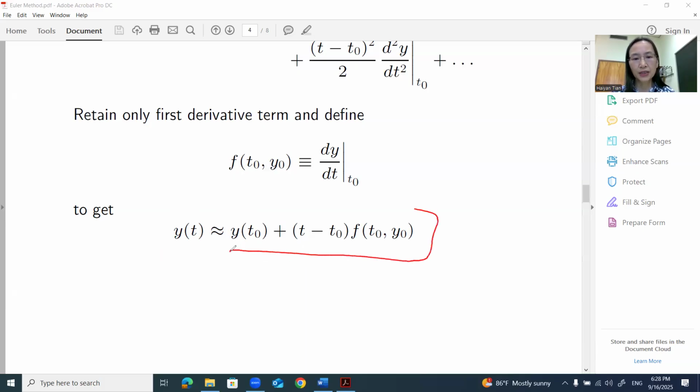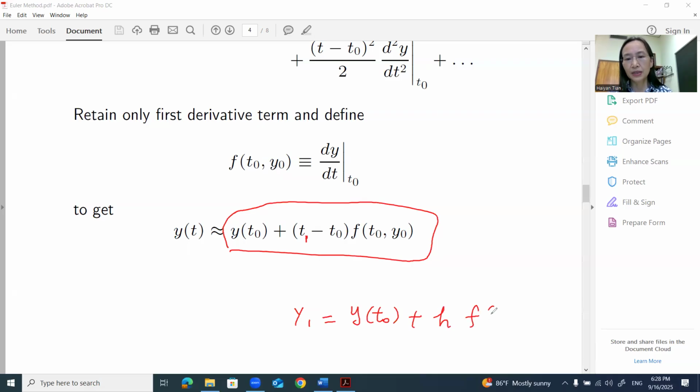As soon as you replace t with t1, you will get y1. That is this formula, right? t1 minus t0, which is the step size h, one step, times f at t0, y0.